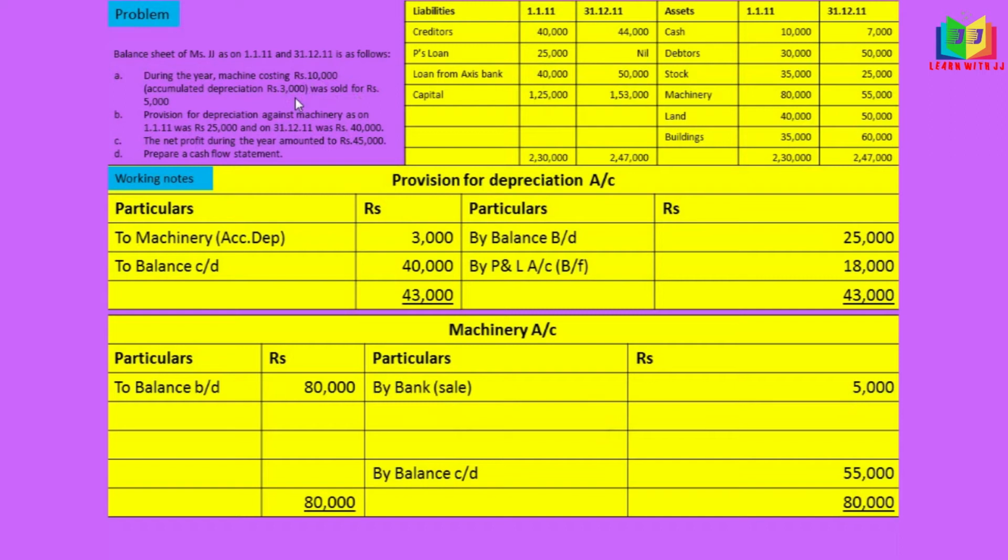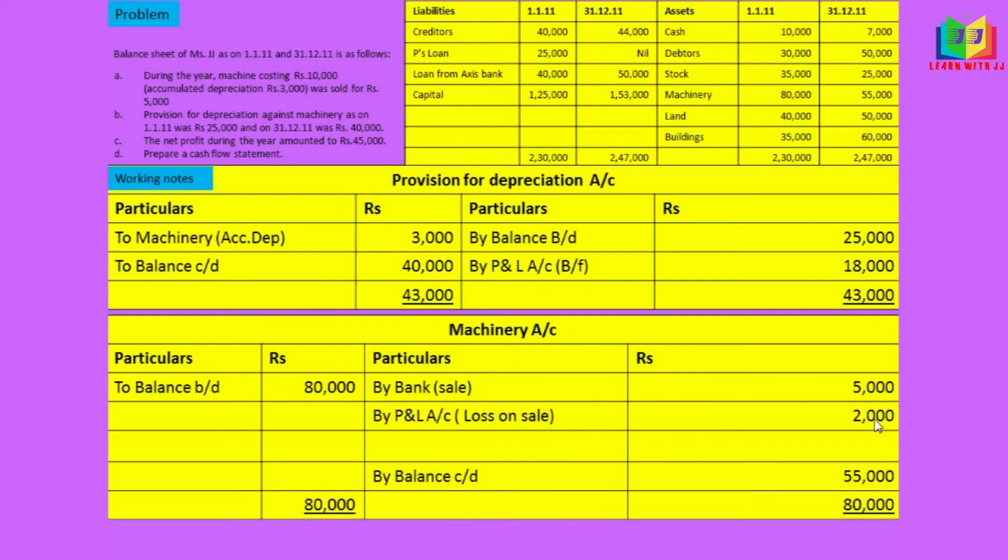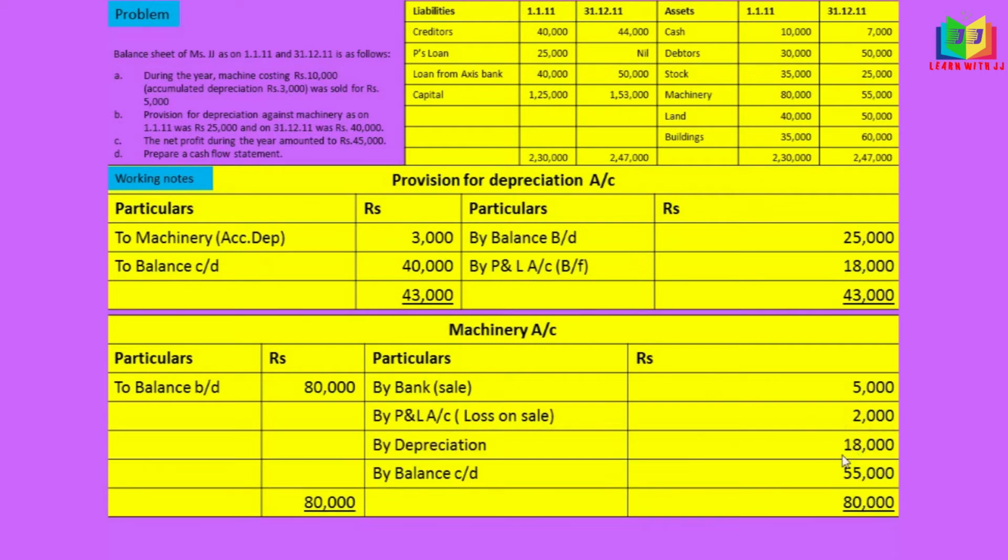So the book value of the machine is 7,000 and it is sold for 5,000, no? So there is a loss on sale, that is 2,000, and this is to be written in the operating activities, okay. And we have to write this depreciation, no? Yes, I have written that. Yes, depreciation 18,000. The machinery account gets tallied, okay. If any balance appears on the debit side, it is treated as a purchase, okay.